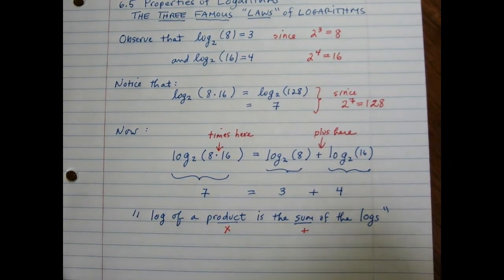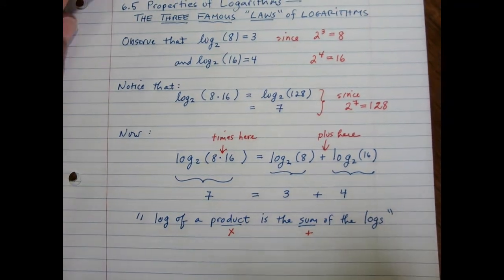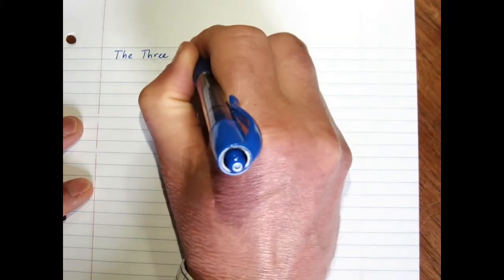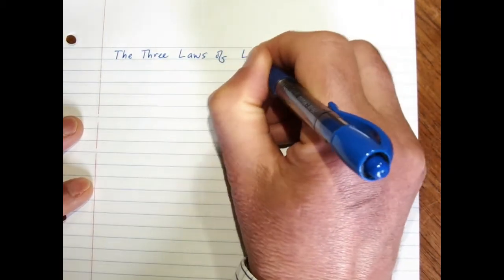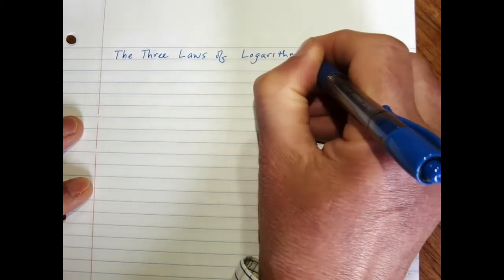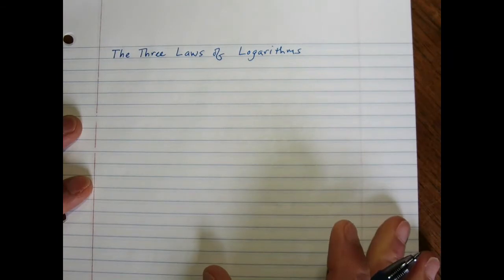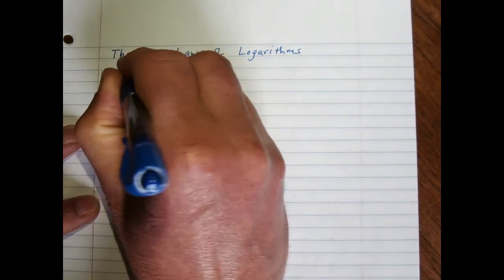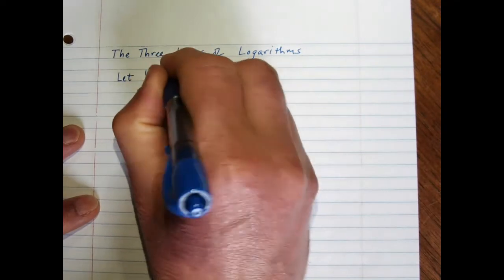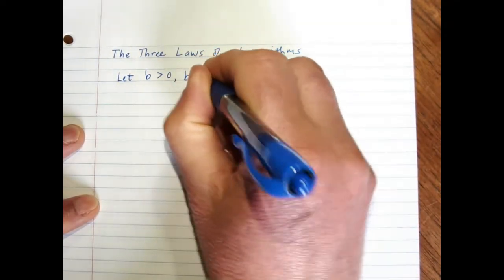Right, now I'd like to state what the three famous laws are. So we'll call this the 3 laws of logarithms. We're going to just write down general statements about what these actually are. We're going to let b, our base, be positive, not equal to 1.